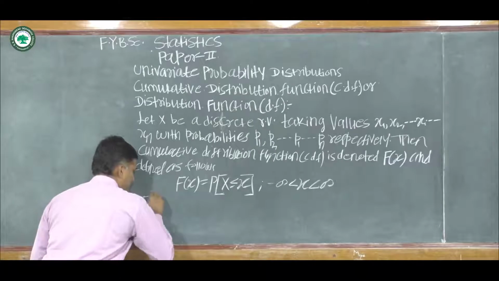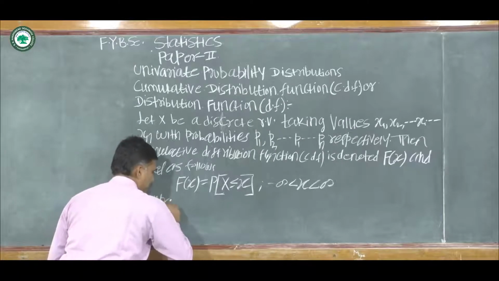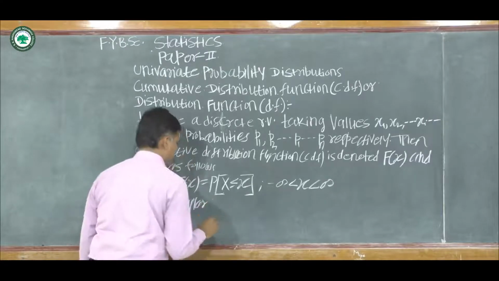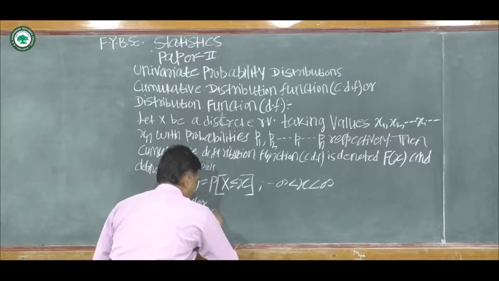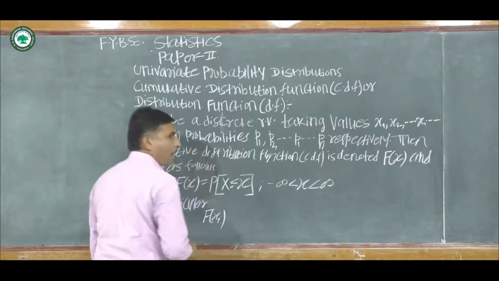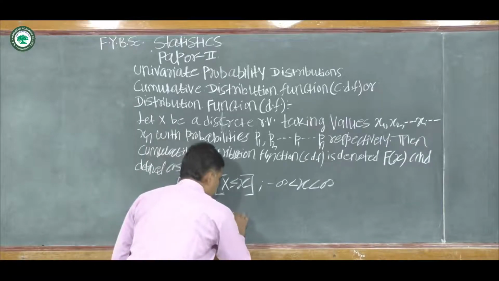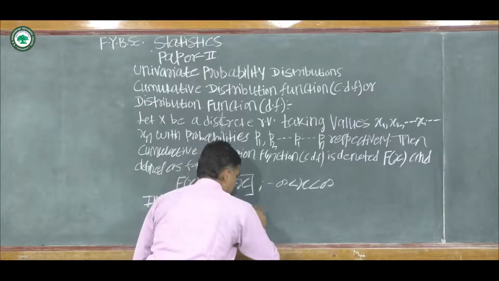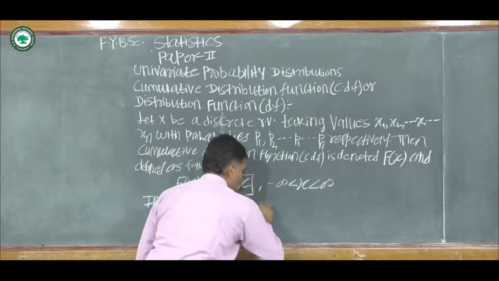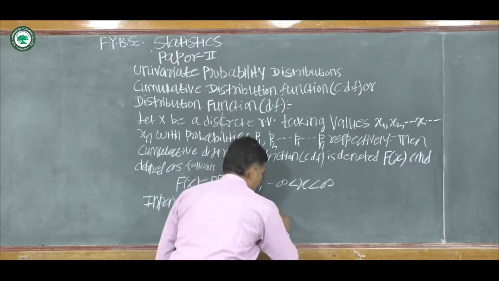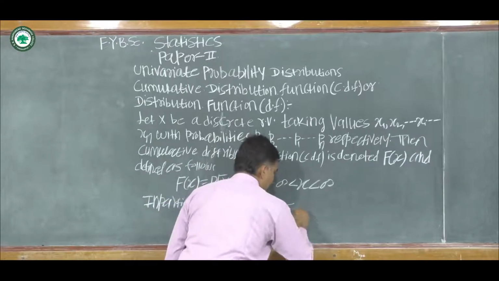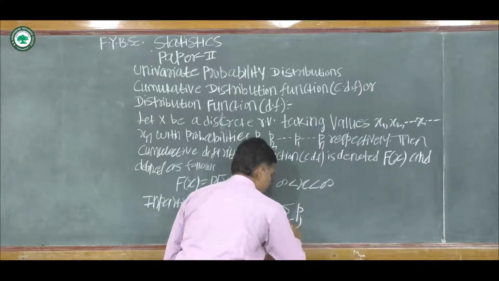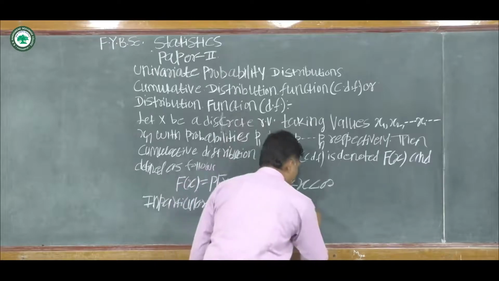In particular, F of xi is equal to probability of X less than or equal to xi, which is equal to the summation of pj, summation over j running from 1 to i.